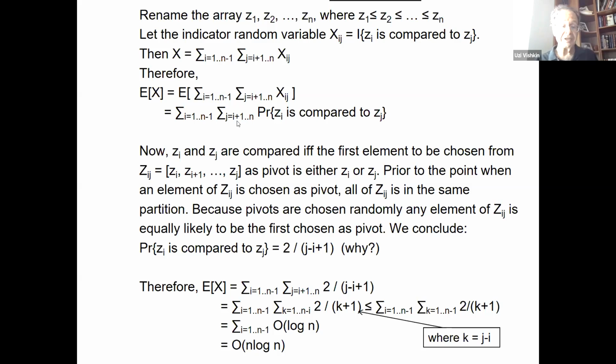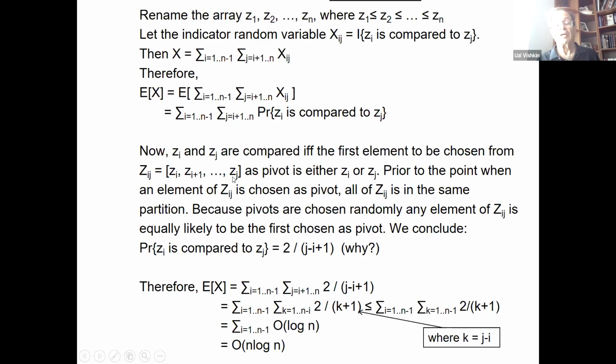So I hope it's clear to all of you that if you give me two values, Zi and Zj, where Zj is larger than or equal to Zi, there is a certain subarray in the output that extends from Zi to Zj, capital Zij, that starts with Zi and goes to Zj, and all the elements here are non-decreasing.